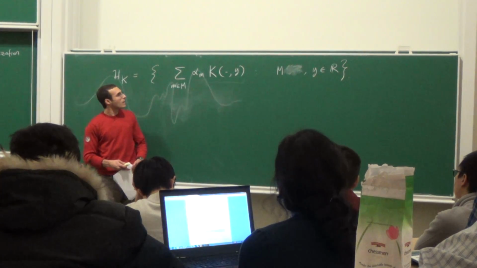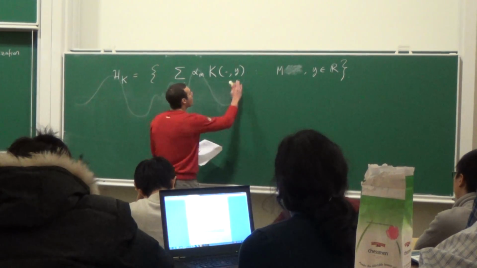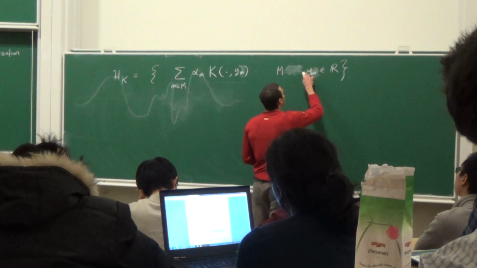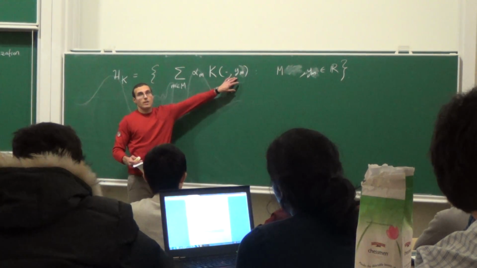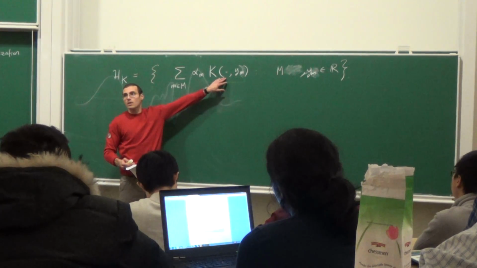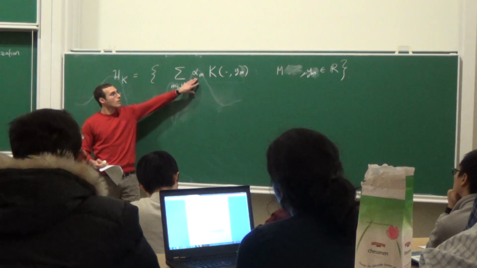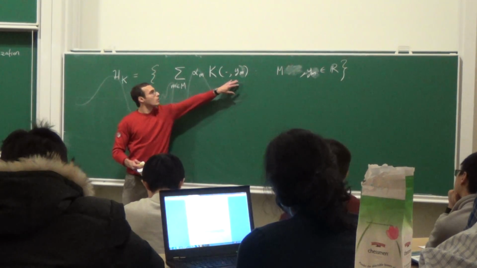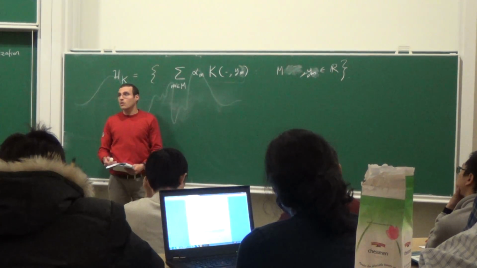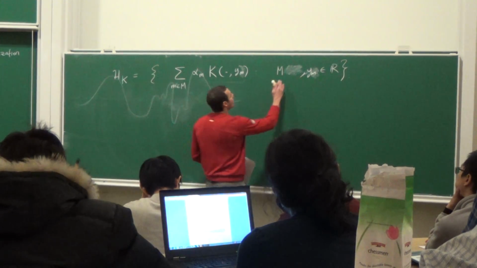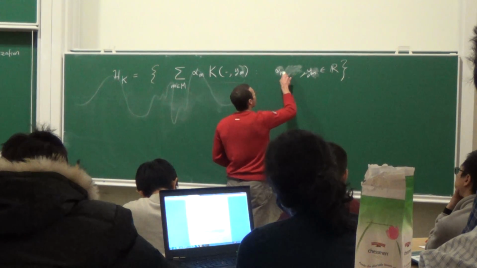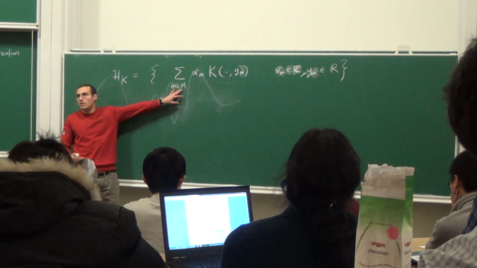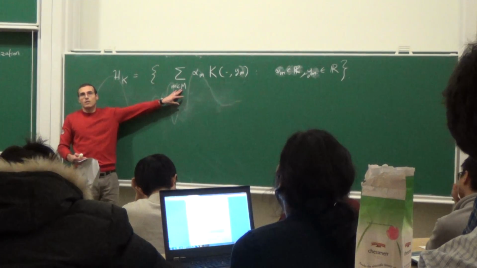And if I fix a bunch of points for the second argument, and I look at these all as functions of the first argument, and I take just arbitrary linear combinations of those, then any such linear combination is going to be a function in my function space H_K. So alpha m is in R, and y m is in R. This set M could be infinite, it could even be uncountably infinite. It could be a very large set.